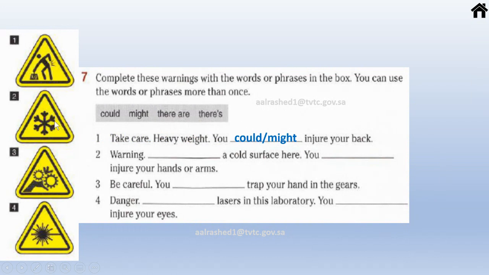Number 2, this symbol. What does it represent? You can see it in winter, and the weather must be snow. Okay, warning.